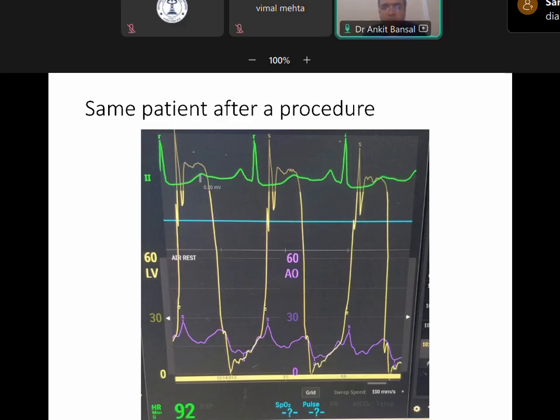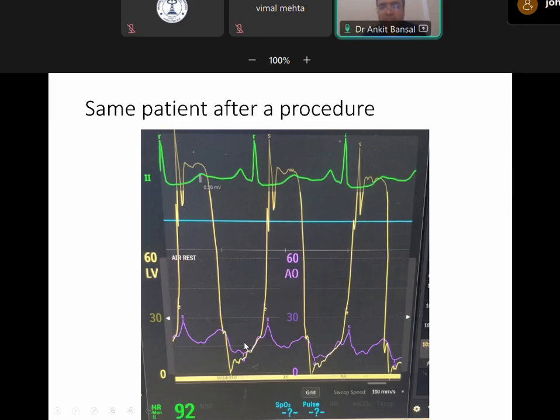So this is the R wave. You draw a line from the peak of the R wave. Here the LV and diastolic pressures will be there. There is near disappearance of the diastolic gradient. Minimal gradient is remaining. So this patient has undergone a successful BMV.